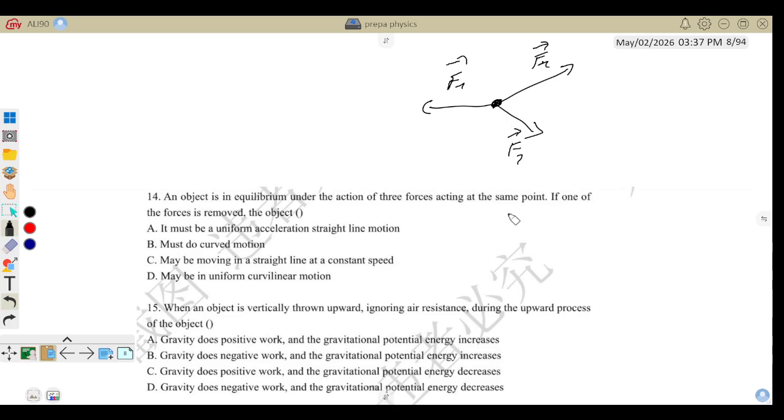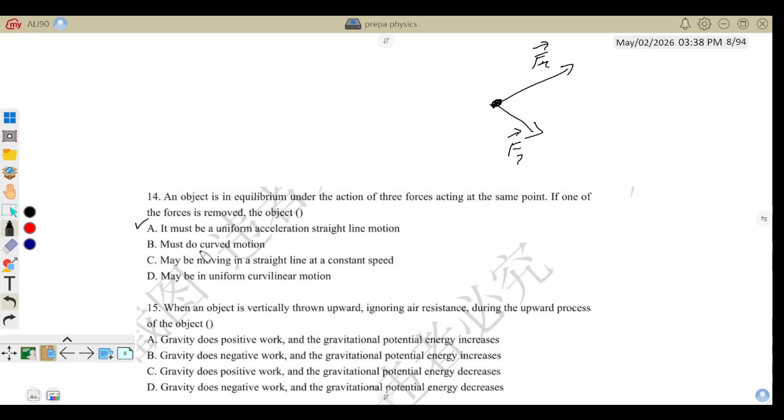What's going to happen if we remove one of these three? Let's say F1 is removed. It must be a uniform acceleration, straight line motion. That's going to be the correct one. Actually, we're going to explain it later.